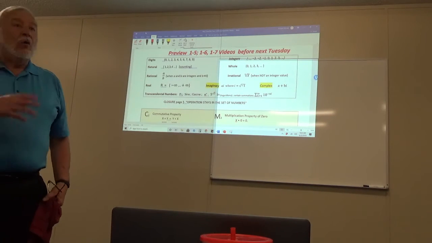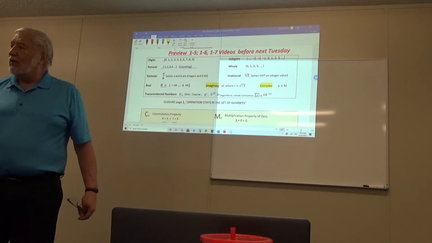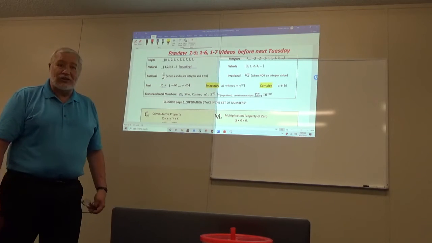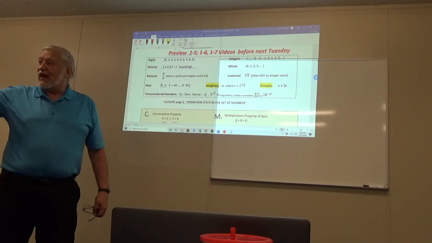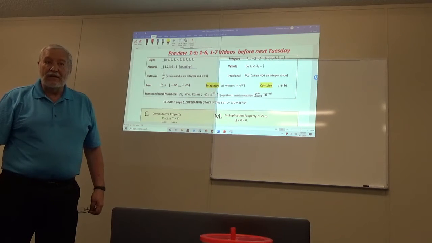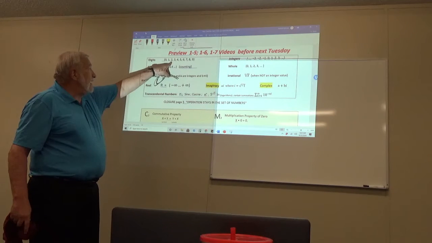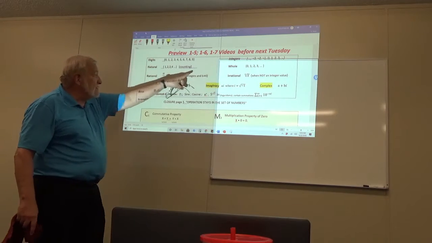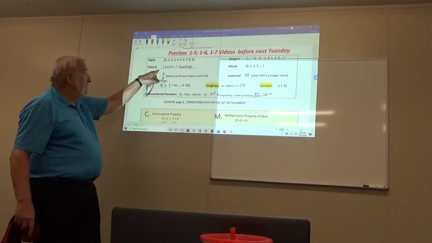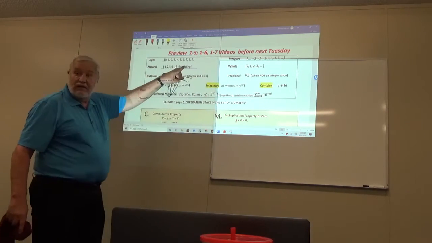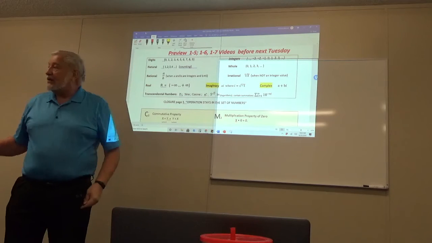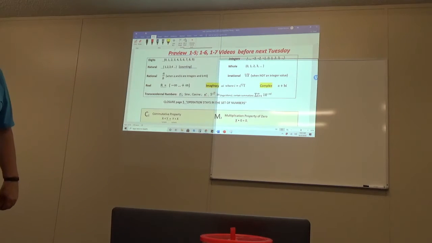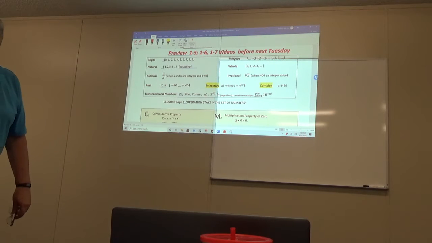Why did they come up with a 0? Because of subtraction. What is 5 minus 5? 0. That exists here, but it doesn't exist in the counting numbers, because you don't count with 0, so counting numbers don't deal with subtraction. When people started subtracting, they had to come up with a 0.